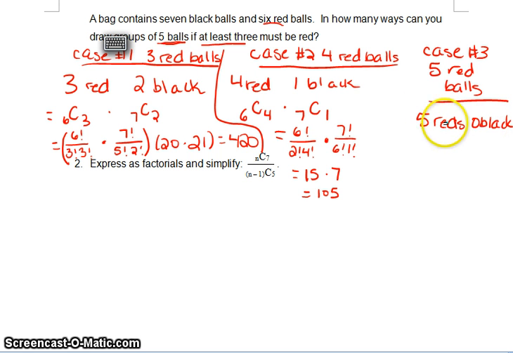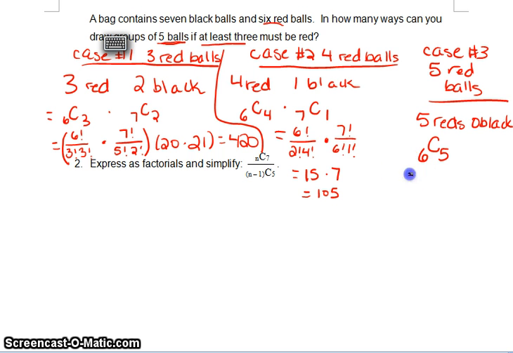Now this one is not so obvious as the last example, because in the last one we had 4 nurses and we were choosing 4 of them. This one we're choosing 5 red balls, but there's 6 in total, so we still have to set up this equation. So we have 6 in total that we can choose from, and we're going to choose 5 of them.